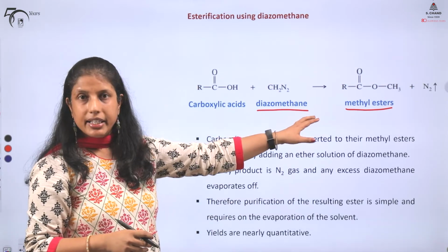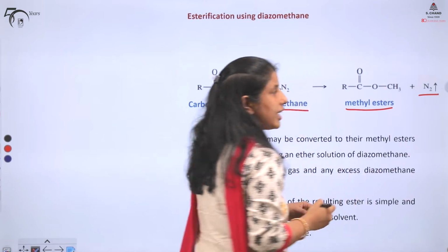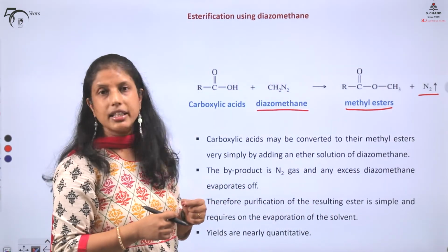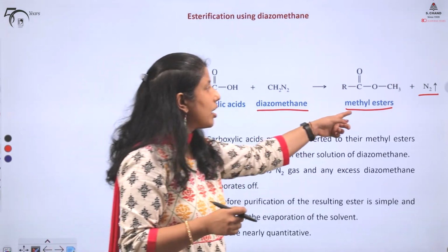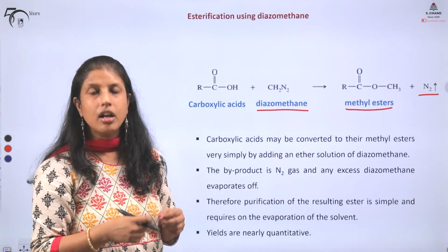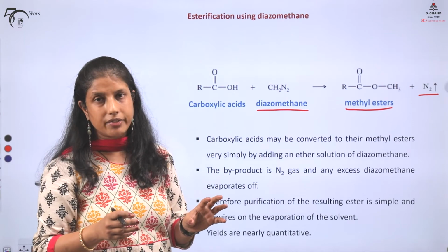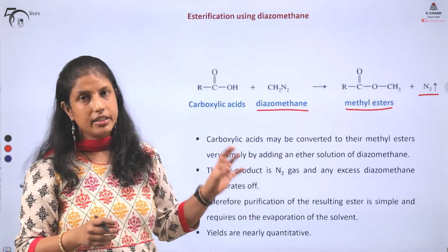We end up getting our methyl esters with the evolution of nitrogen gas. Any excess of diazomethane that we had evaporates off. As a result, our methyl esters can be very easily isolated. All we need to do is evaporate off the solvent, and the yields are nearly quantitative in nature.